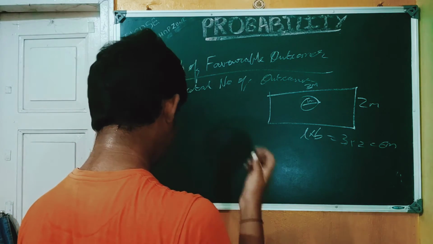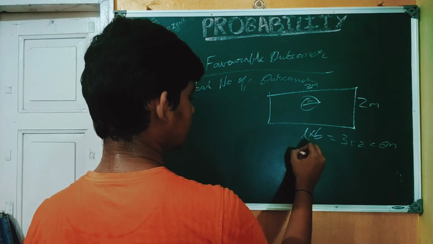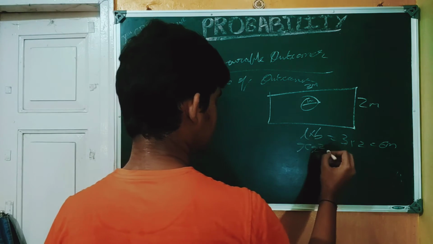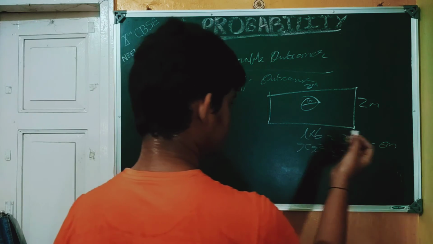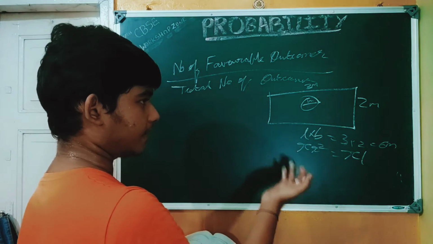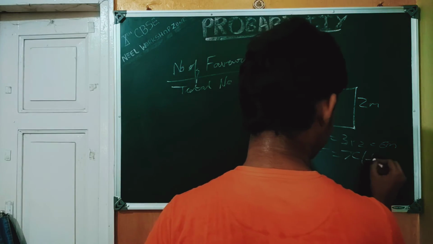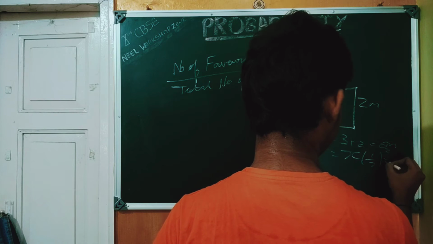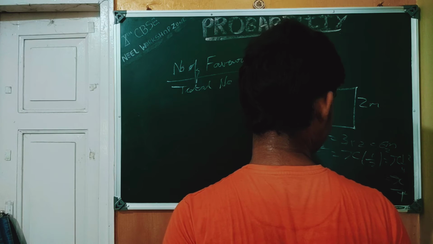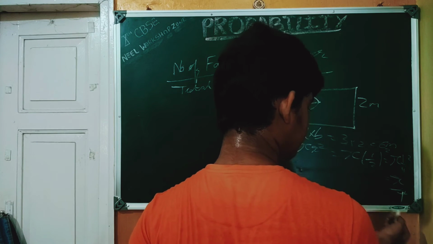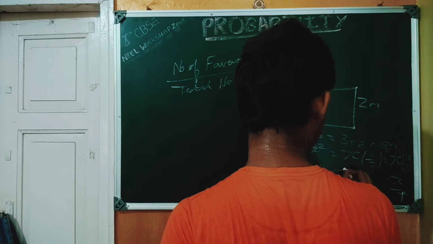So now we need the formula for the area of a circle, which is pi r square, I'm pretty sure. 1 meter is the diameter, so radius is half of the diameter. So the radius is 1 by 2. So pi into 1 by 2 square is equal to pi into 1 by 4, so pi by 4. So by doing that, we'll probably get 6 meter minus pi by 4.